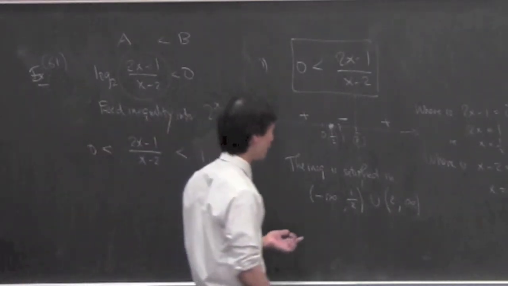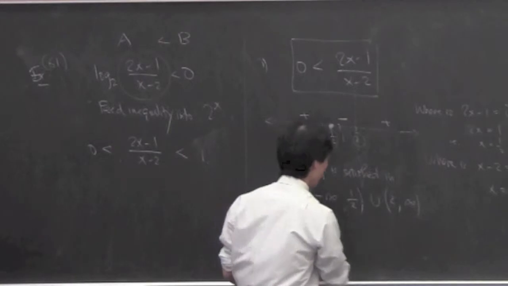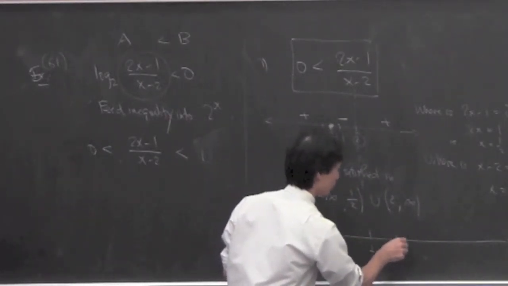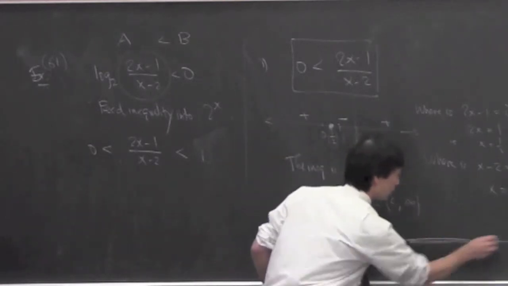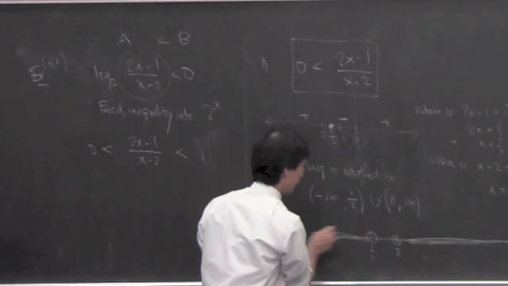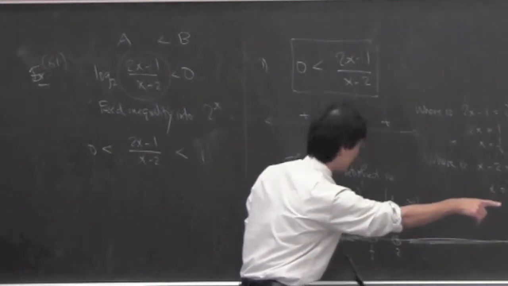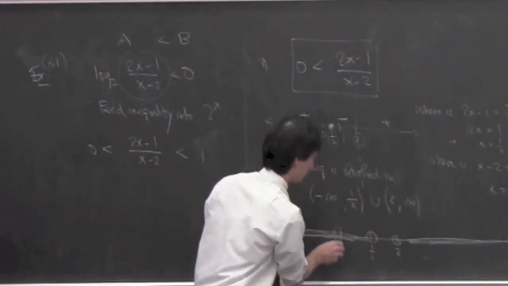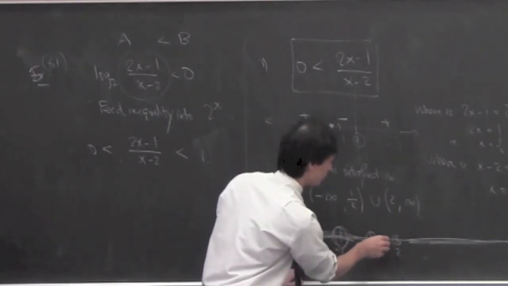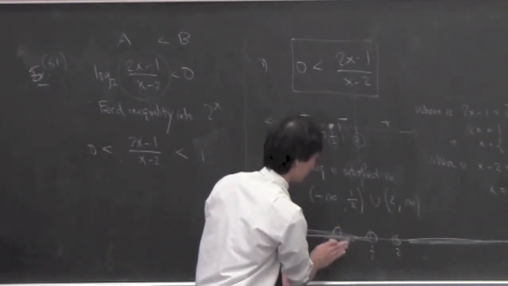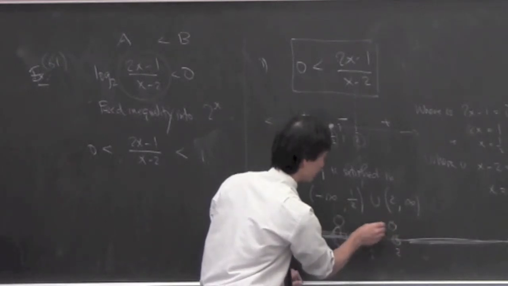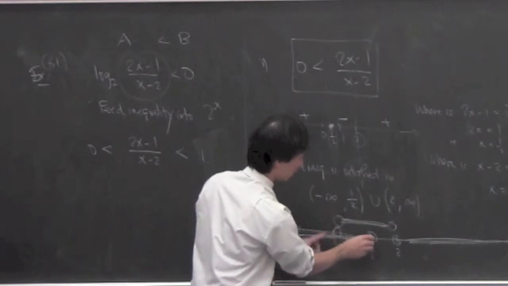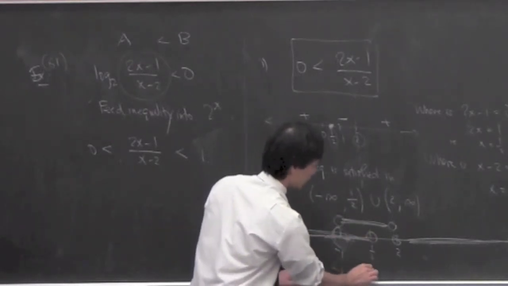This one is true from negative infinity to a half, and from 2 onwards. And that one is true from negative 1 to 2. So where are they both true? It's going to be in this intersection here, negative 1 to a half.